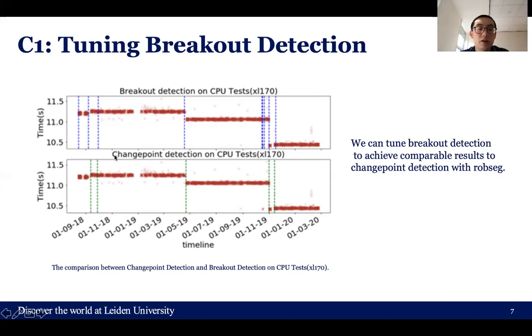And here, blue lines represent change points detected by breakout detection. The green lines represent change points detected by RobSec. We could say that we can tune breakout detection to achieve comparable results to change point detection with RobSec.